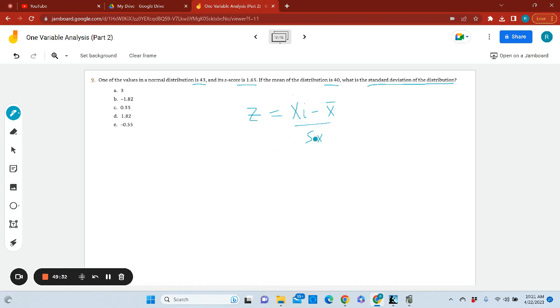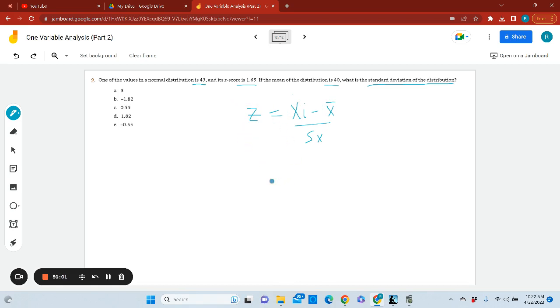I should be able to give you any 3 of these and ask you to find the other one, okay? So in this case, it looks like they gave us a score. They're saying a value in the normal distribution is 43. So they give us the score, they give us the z-score, and they give us the mean. And they ask for the standard deviation. Fine, we can do that.